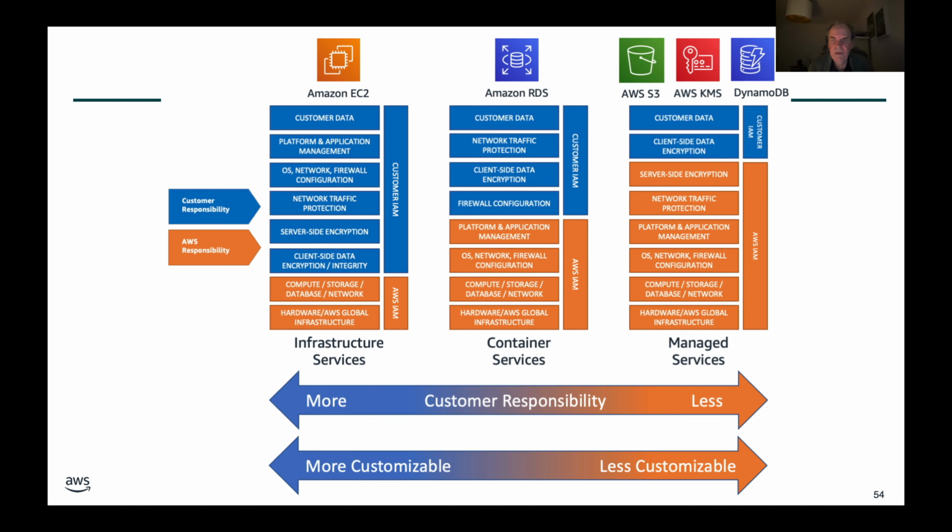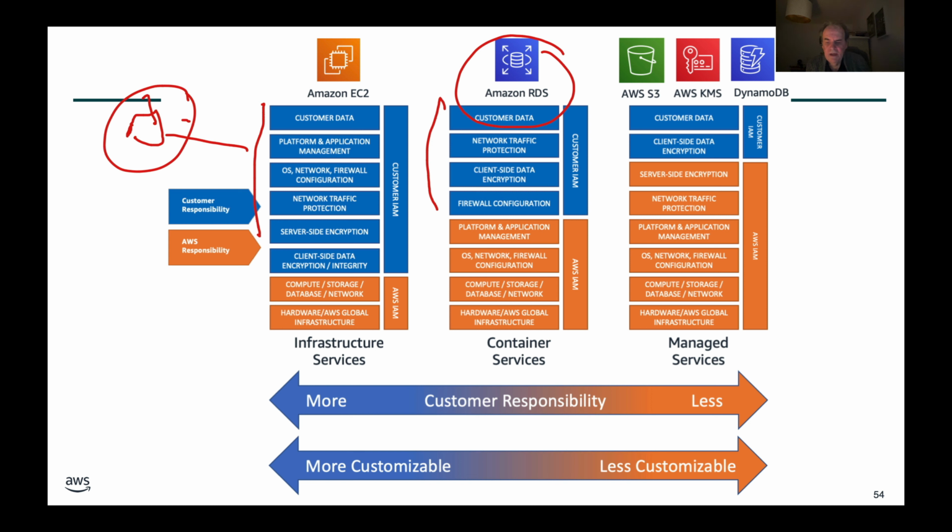Okay, so here is the infrastructure, here is RDS, and you can see the customer has more control there, and in some cases we can create our database inside EC2 to give us more control.